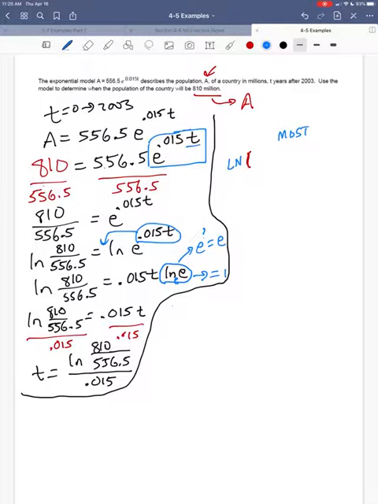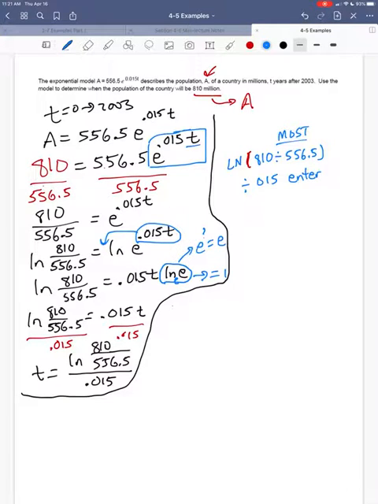If it doesn't do it for you, you're going to need that, because I'm going to take the 810 then and divide by 556.5. But I'm going to want to close the parentheses so that that division problem is done before the natural log happens. And then I'm going to do divided by the 0.015, and then equals or enter, whatever you have for the calculator.